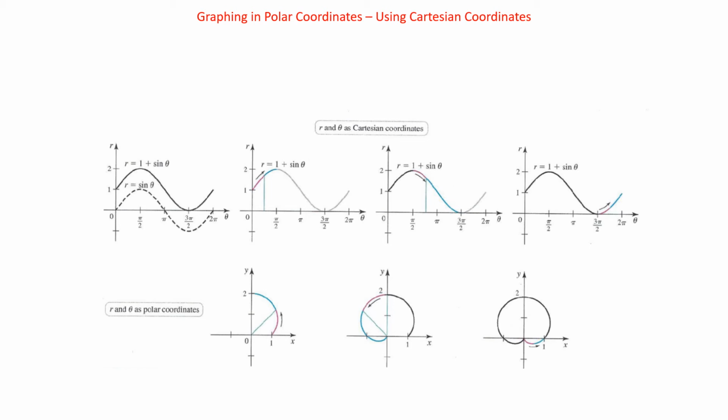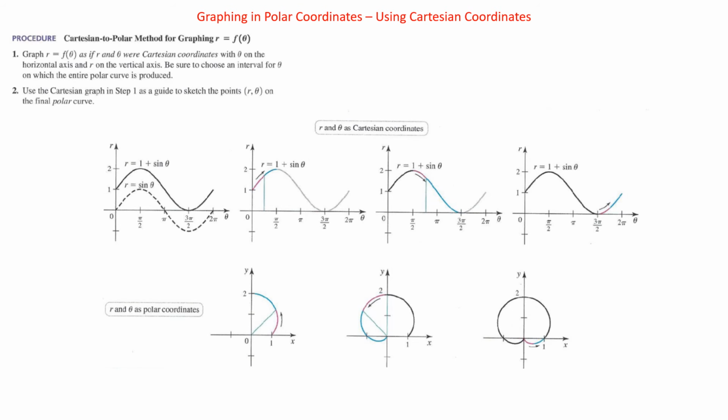That was supposed to fade in. So using Cartesian coordinates, we would graph it with theta as x and r as y. And then we would take each of the sectors of the circle, and we transfer that to the polar graph.